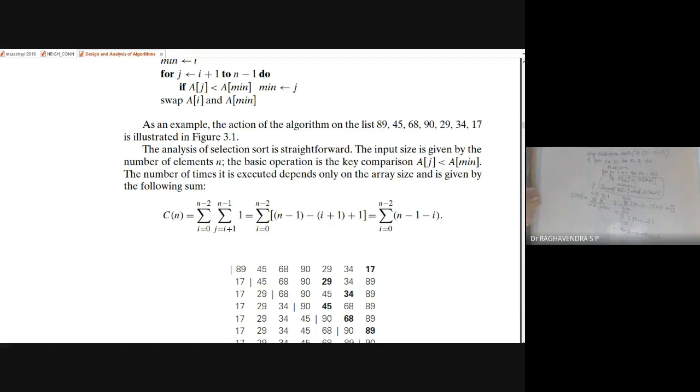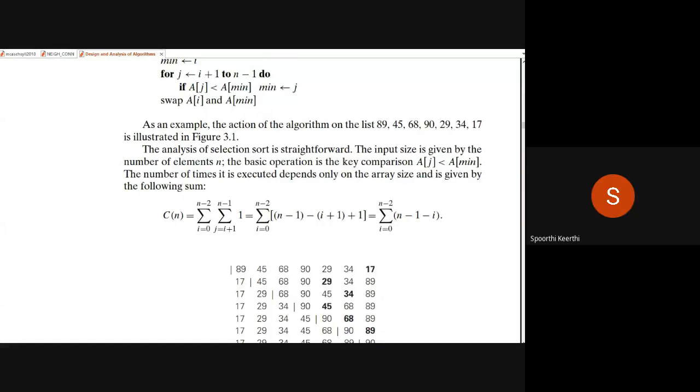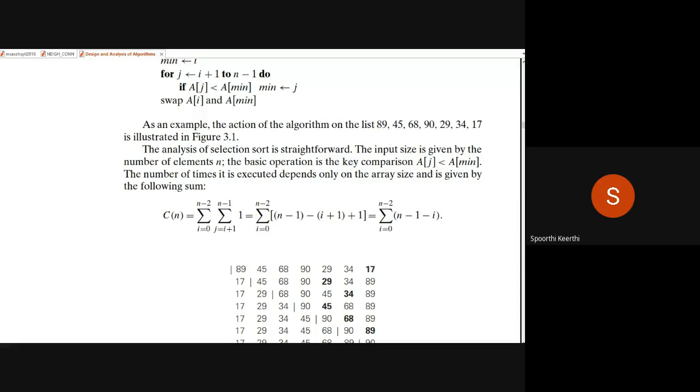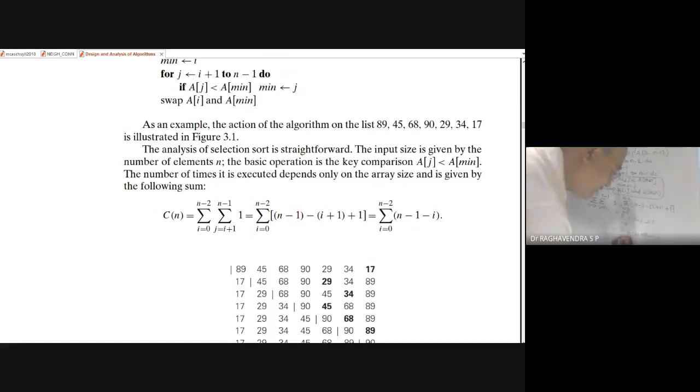Okay. So now what happens? See here, n minus 2 minus 0 minus 1. If we simplify this, we get 2n minus 3 minus I. You can say 2n minus 3 minus I, or you can even leave out the smaller terms.